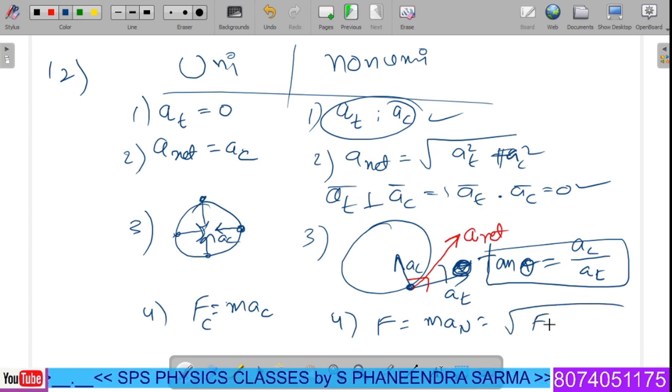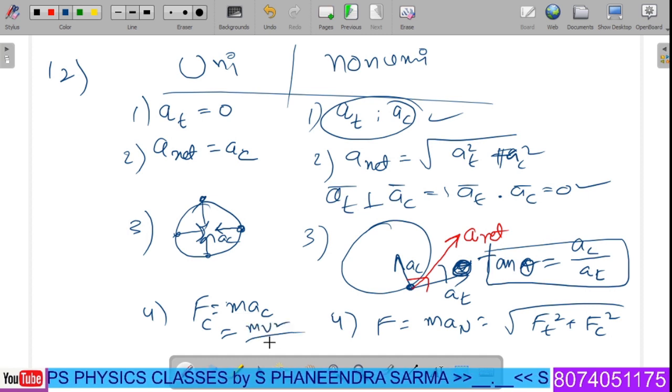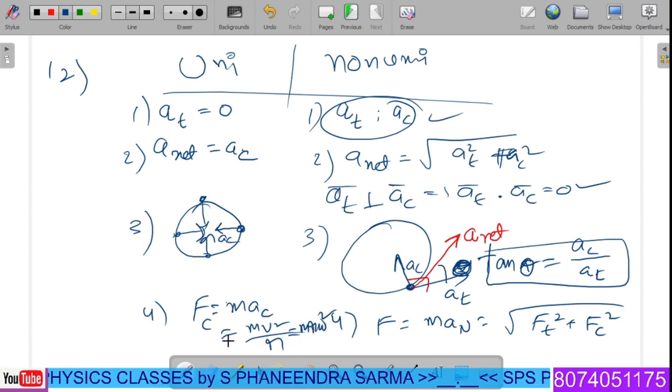Therefore, this value will be equal to root of Ft square plus Fc square, where Ft is the tangential force and Fc is the centripetal force, where centripetal force is nothing but m AC, which is also equal to m v square by r, or equal to m r omega square. All the symbols are standard, representing Fc only in the given case.